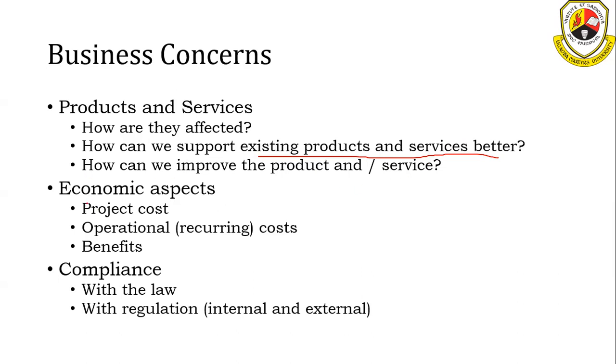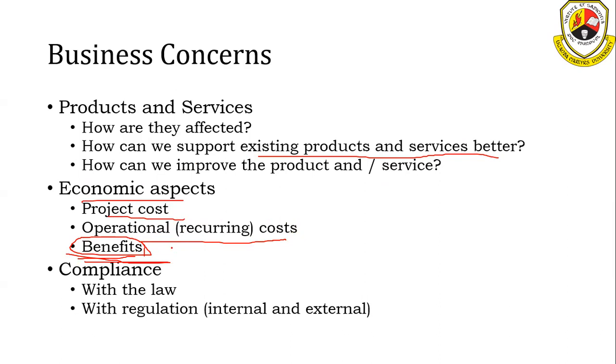Okay, you have the economic aspect. Where can we reduce costs? Where do we have recurring operational costs that we can reduce? Basically, this is where the business wants to know, where can we cut costs? Where are the benefits of ICT? So you're looking at the economic aspect where costs can be cut.